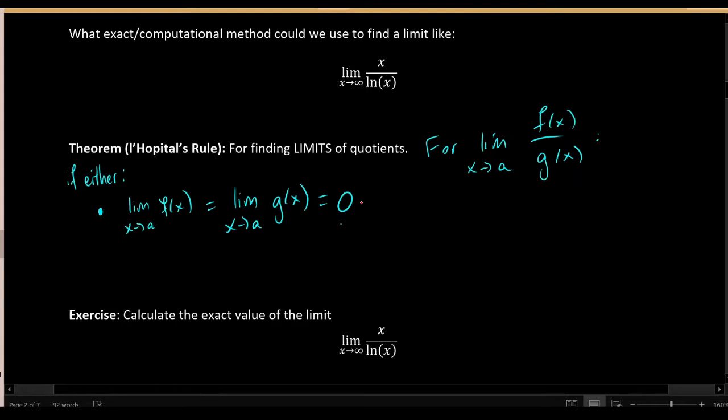Now, if that is not the case, if one of your limits is not 0, then not all hope is lost. Another possibility is that the limits are both positive or negative infinity.